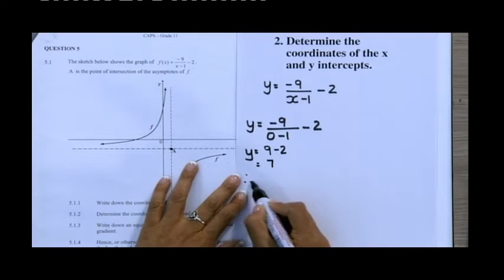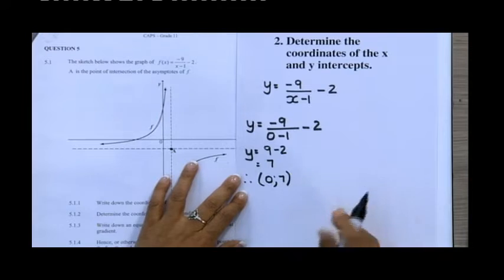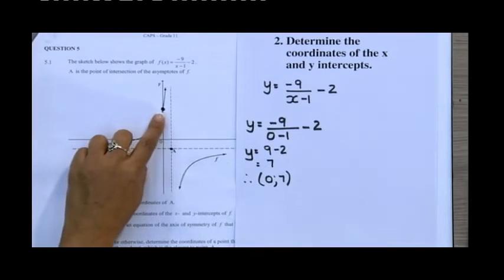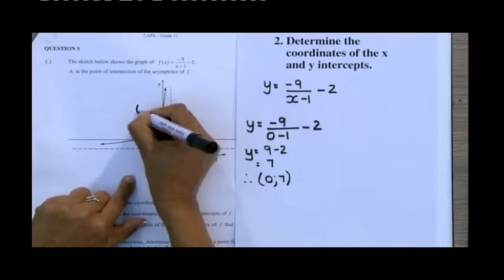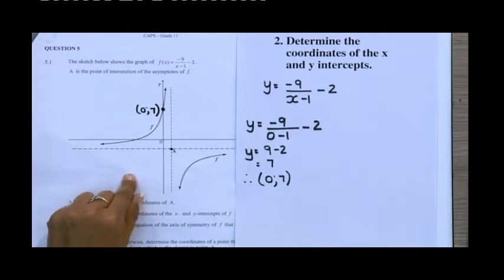So the y-intercept would be x is 0 and y is 7. If I go to my graph, it is definitely this point here, because it cuts the y-axis. So I'm going to write here that it cuts the y-axis, and that point is (0; 7).